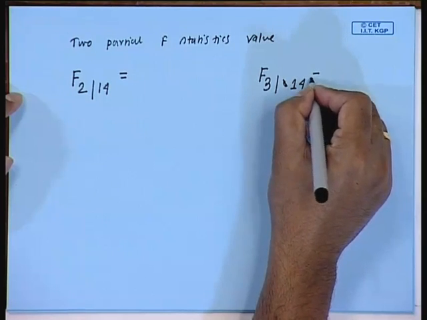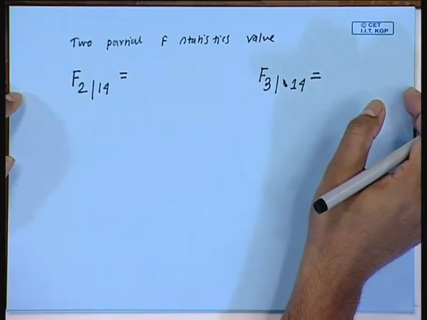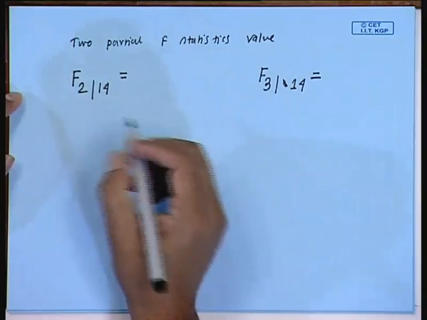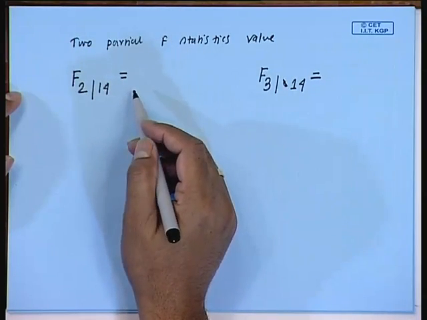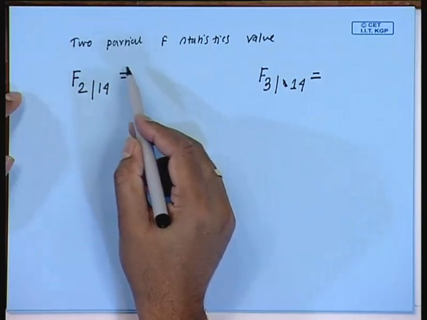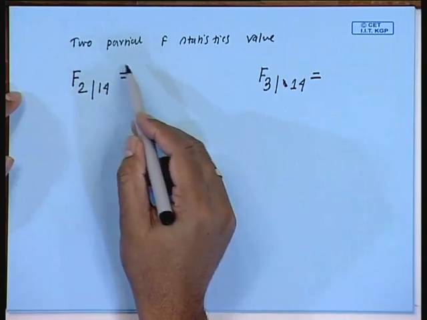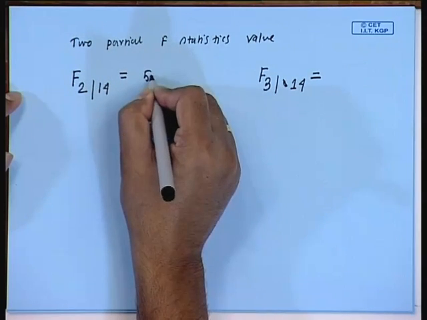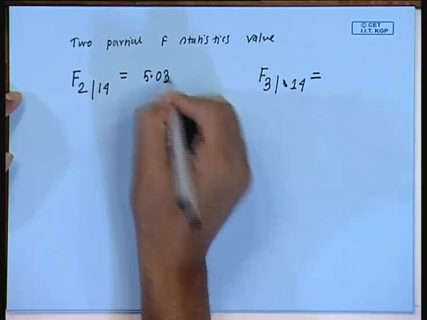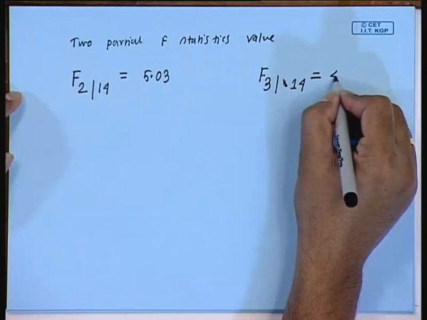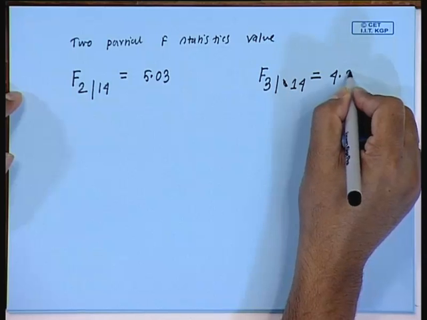So we will compute these two values. You know how to compute, I do not want to repeat again. You can check that this value is equal to 5.03 and this value is equal to 4.24.